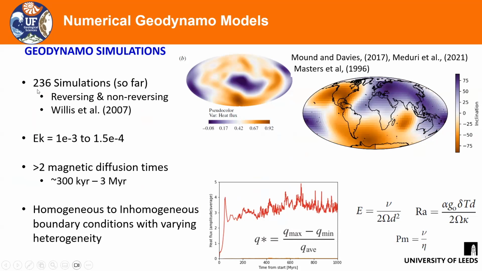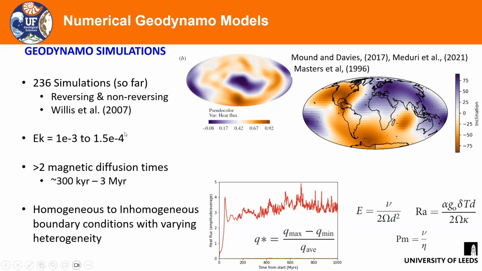So at the moment, we have over 200 simulations that we've run so far. We are using a range of Ekman numbers somewhere between 1e-3 and 1.5e-4. We are letting our models run for a minimum of 1 magnetic diffusion time, and most of them have been run for 2 or more magnetic diffusion times.